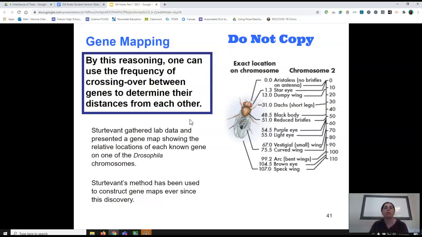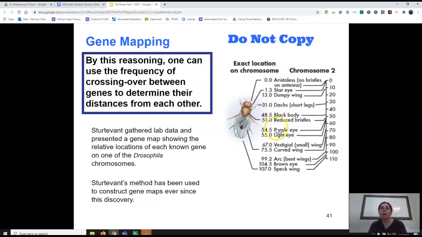But anyway, if you have maybe black body and reduced bristles, if you're looking at those two, and brown eyes, you see brown eyes is far away from black body and reduced bristles, so it's more likely that you'll have this one be separated from this one. But these two are more likely to be found together. You'll most likely see the black body with reduced bristles.